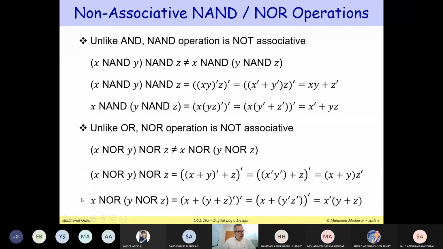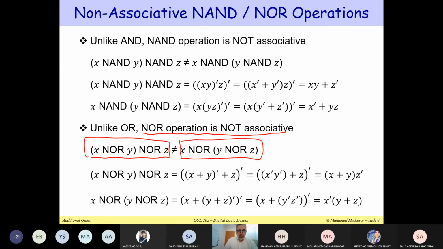Let us do the same thing for the NOR. NOR itself is not associative. So the NOR operation is not associative. If I take (X NOR Y) NOR Z, it's not equal to X NOR (Y NOR Z).